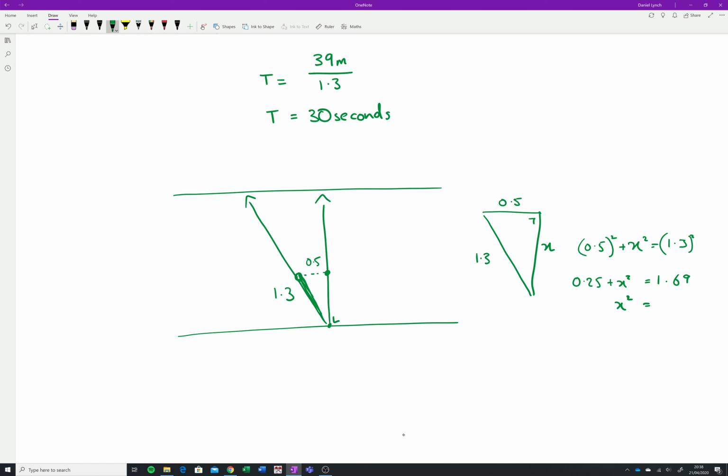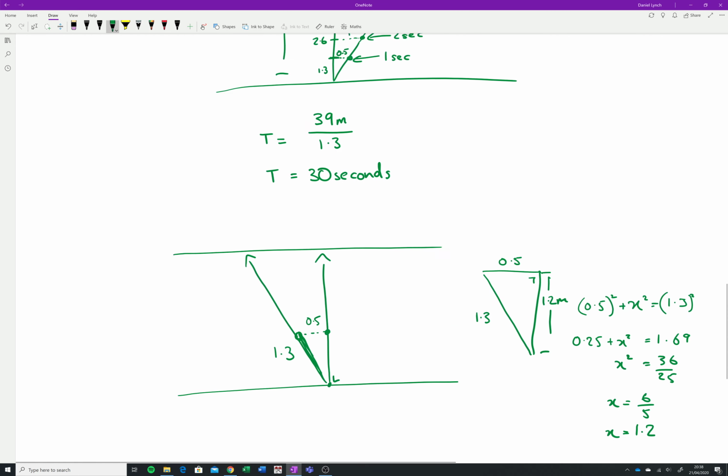So x squared is 1.69 minus 0.25, and the calculator is saying 36 over 25, and when we square root that, it means that it's going to be 6/5 or 1.2, depending on what you want to call it. So what it will really be doing is 1.2 meters up each second.